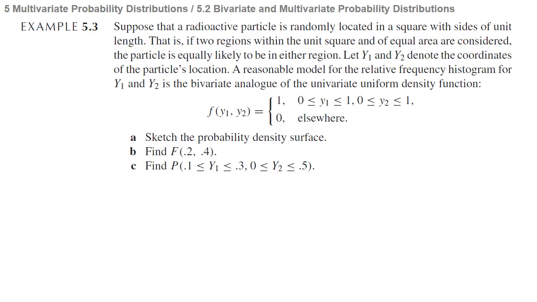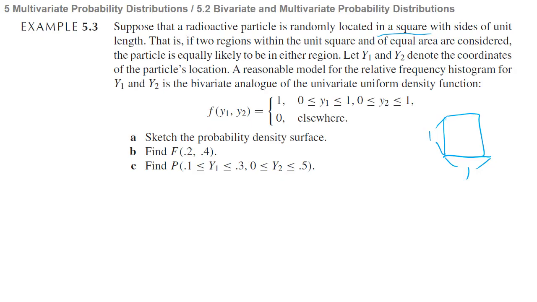Okay, let's move on to example 5.3. Suppose that a radioactive particle is randomly located in a square with sides of unit length 1 and 1. That is, if two regions within the unit square and of equal area are considered, the particle is equally likely to be in either region.